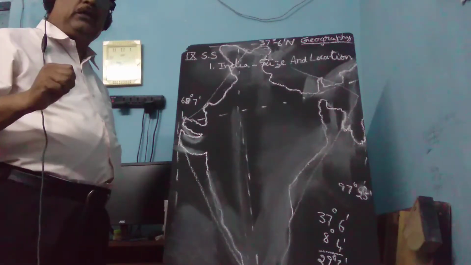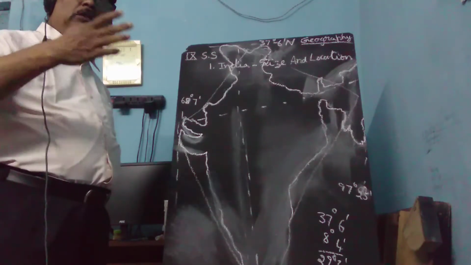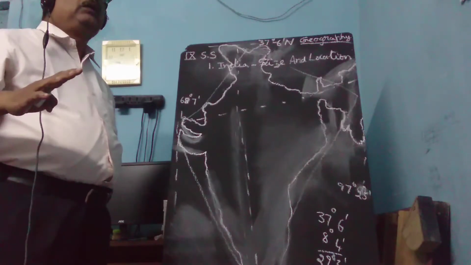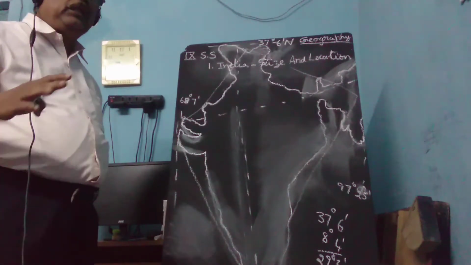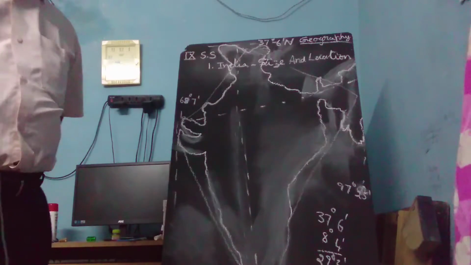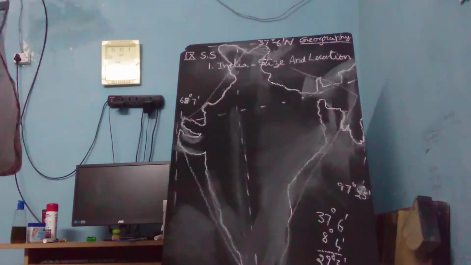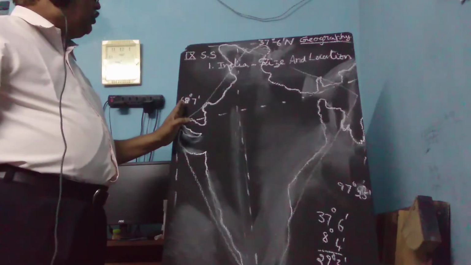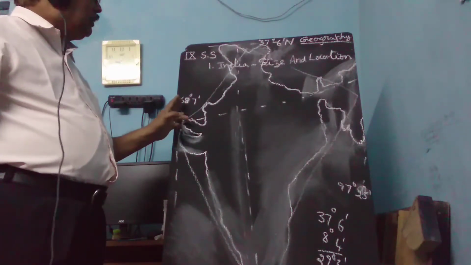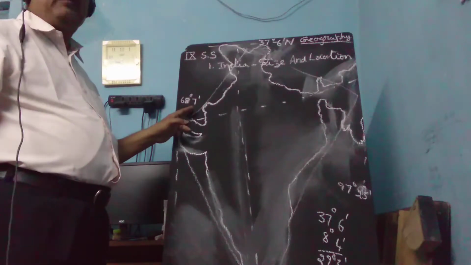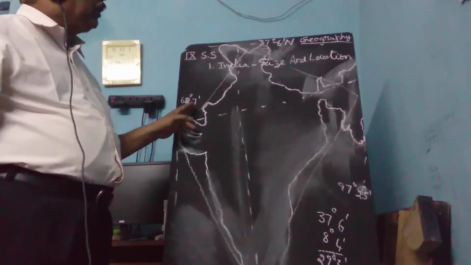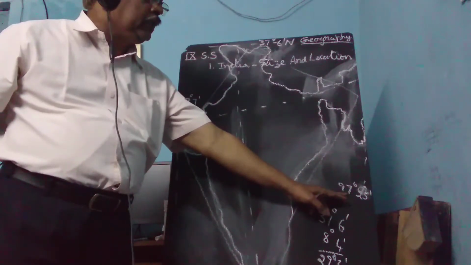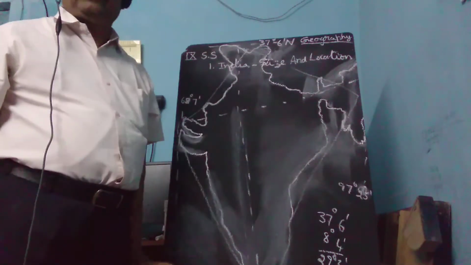You have learned it is completely in the northern hemisphere. What about whether it is located in the eastern hemisphere or western hemisphere? You see that the westernmost longitude is 68 degrees 7 minutes, and the easternmost longitude is 97 degrees 25 minutes.